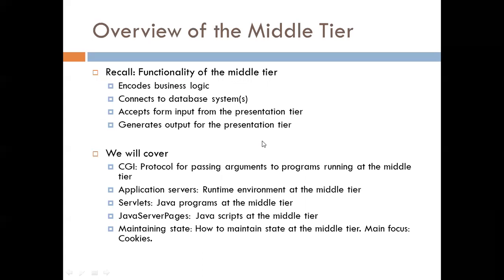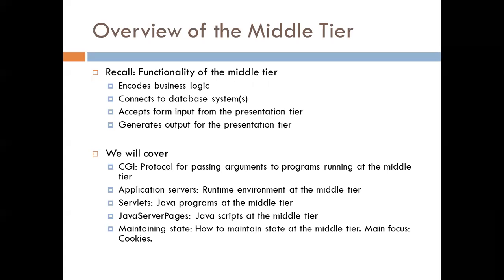Next, let us move on to the middle tier. So far we have discussed the presentation tier. In the middle tier, we'll be studying its functionality. The middle tier is the one that sits between the user and the database or the backend. It encodes the business logic.